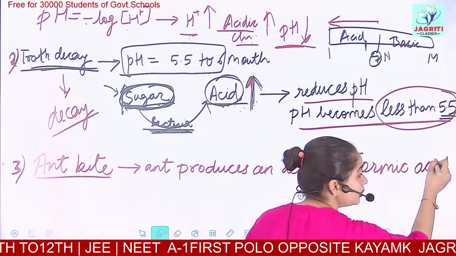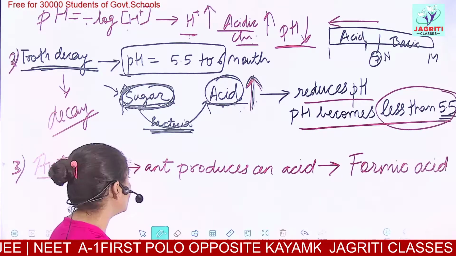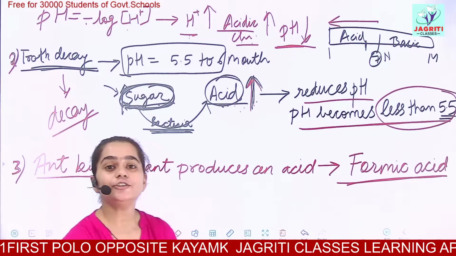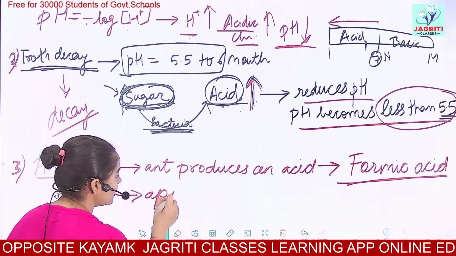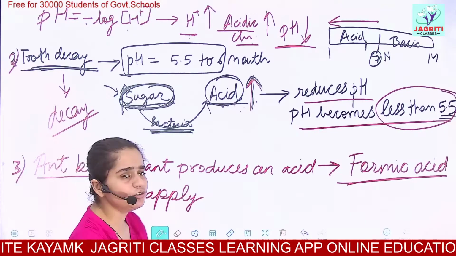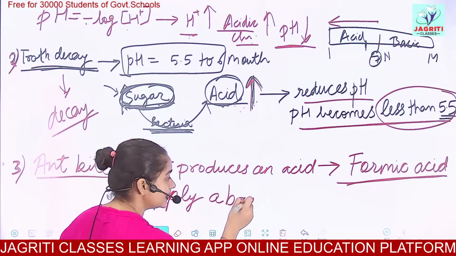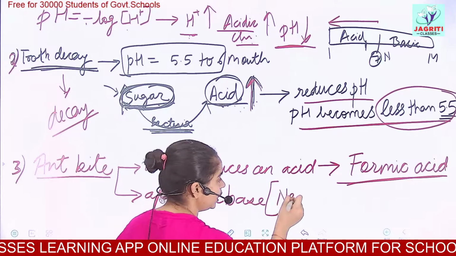So, during ant bite, the acid produced is formic acid. Now, to neutralize this, what we do? We apply a calamine solution, or just to neutralize the acid produced, apply a base. And here the base applied is, for example, sodium bicarbonate.